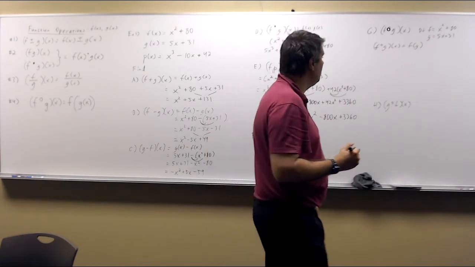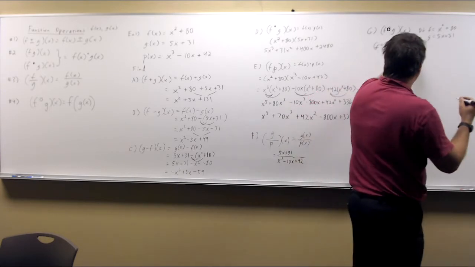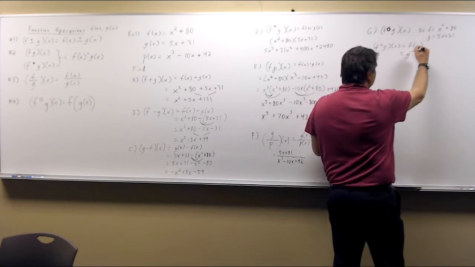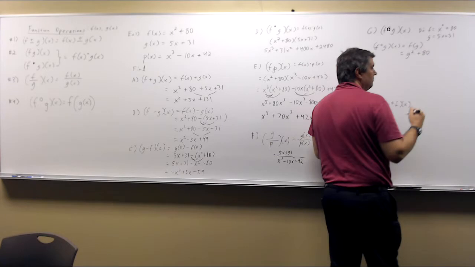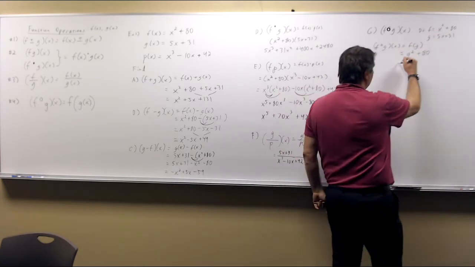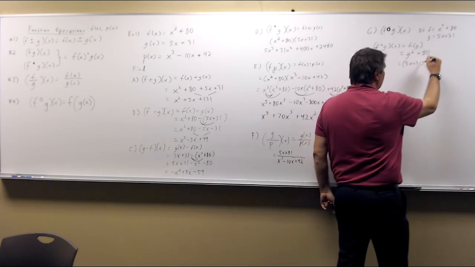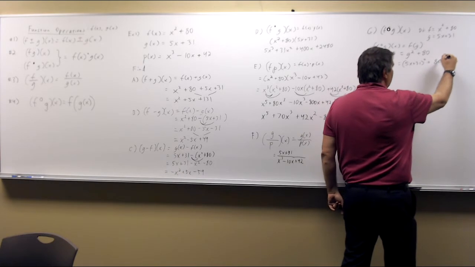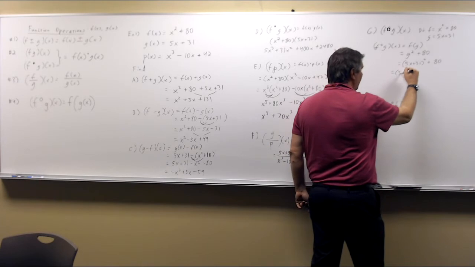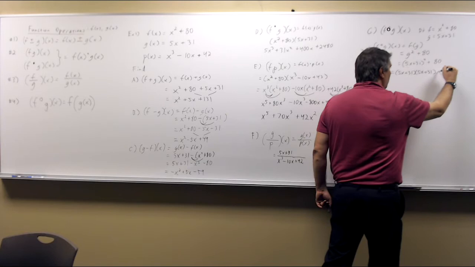So that means I'm going to be plugging g into f. So that's going to be g squared plus 80. So that's going to be 5x plus 31 squared plus 80. Which is going to give me 5x plus 31, 5x plus 31 plus 80.